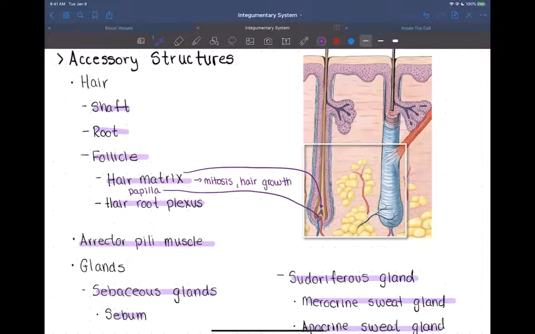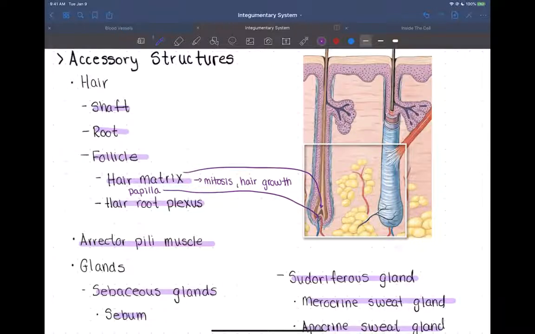And that papilla is going to be really important because it contains blood vessels, all right? And so those blood vessels are going to supply those cells that are undergoing mitosis and helping the hair to grow with nutrients, okay? So that papilla is located just below those cells of the hair matrix, all right?